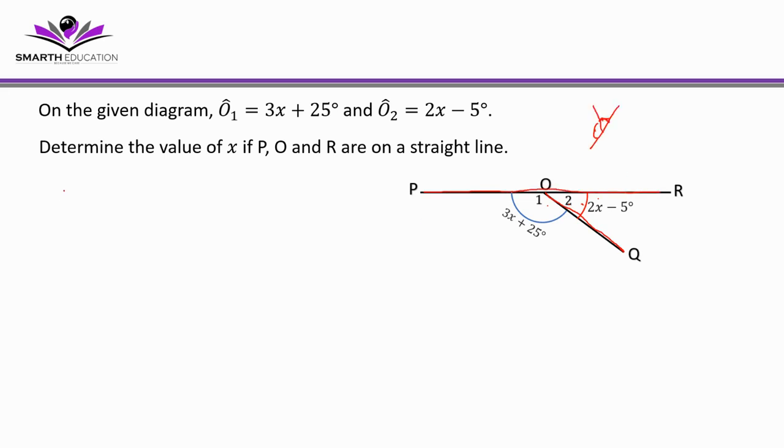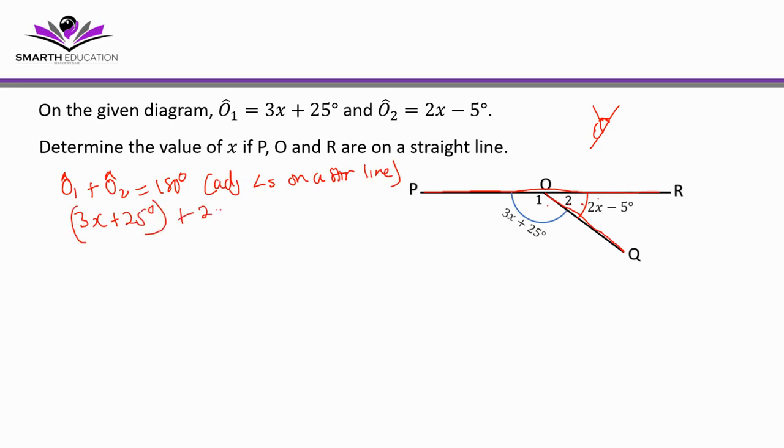We have angle O1 plus angle O2 is equal to 180 degrees, since adjacent angles on a straight line. So we have 3x plus 25 degrees plus 2x minus 5 degrees is equal to 180 degrees. 3x plus 2x is 5x.